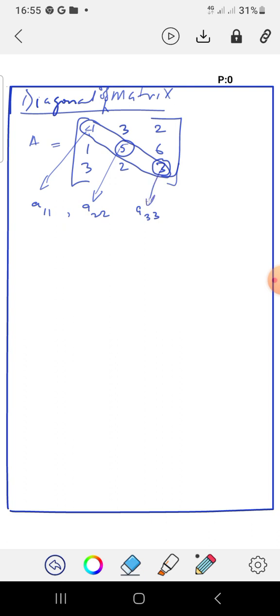If you want to talk arbitrarily, that's the way we represent it. This 2 here is on the first row and the third column, so this is A13. And 6 here is on the second row, third column, A23. Just like that.